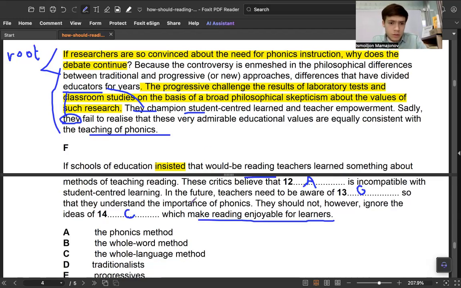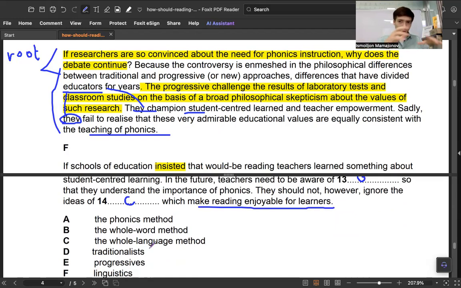Progressives should be that one. Traditional means old, they think in an old way, and progressives means kind of modernists. Because of controversy embedded in philosophical difference between traditional and progressive or new approaches. It just mentioned it was progressive. The new approach says, let's abandon phonics.